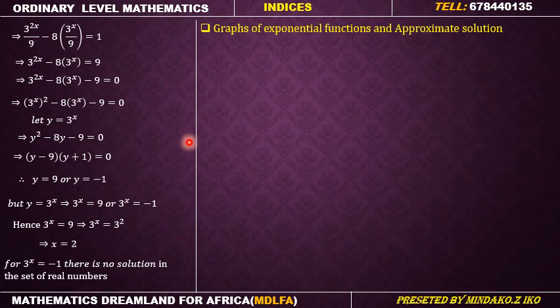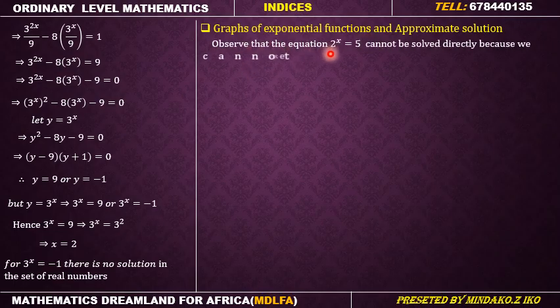We can express 27 as 3 power 3, but where 3 power x is equal to 7, there is no way that we can express 7 in base 3. That is why the graphs are employed.